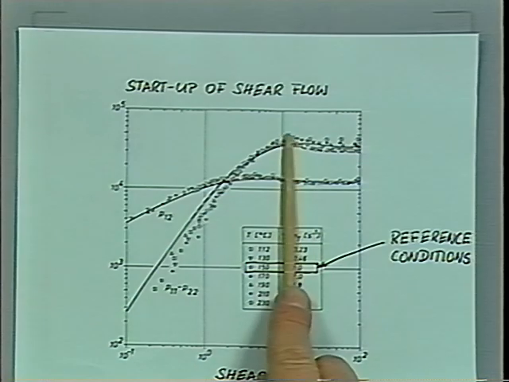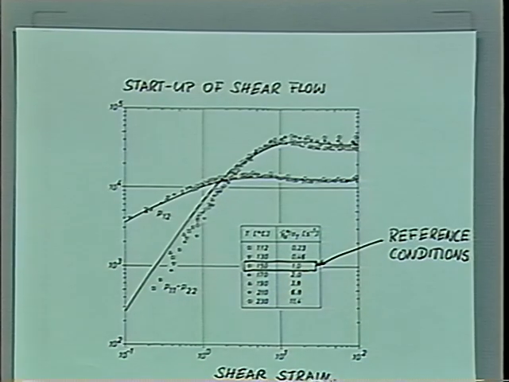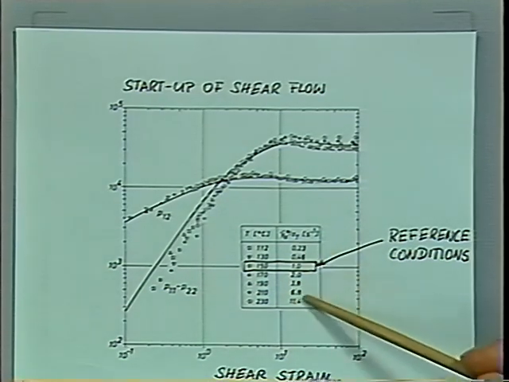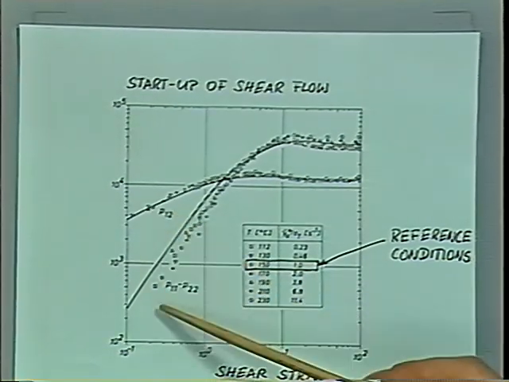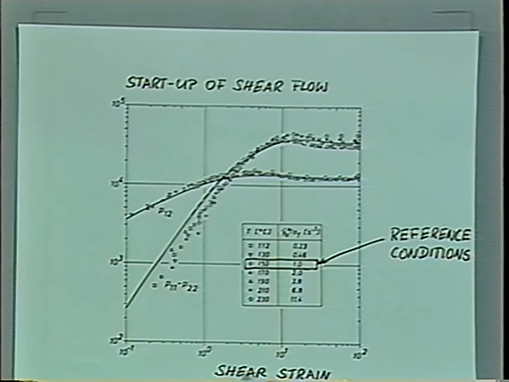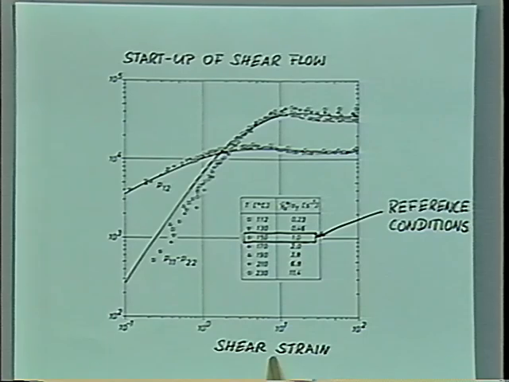You can see that the maximum occurs at about twice the strain as the maximum in the shear stress. He performed experiments at several different temperatures and normalized his data by an elegant way of plotting the strain by shifting things. But I won't go into details.